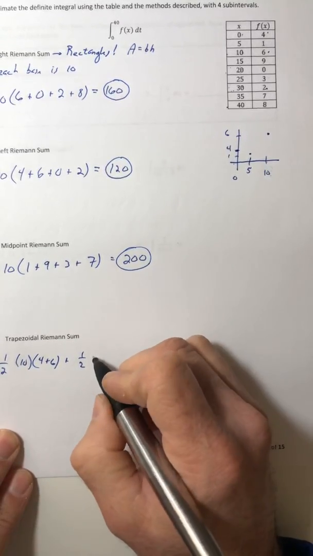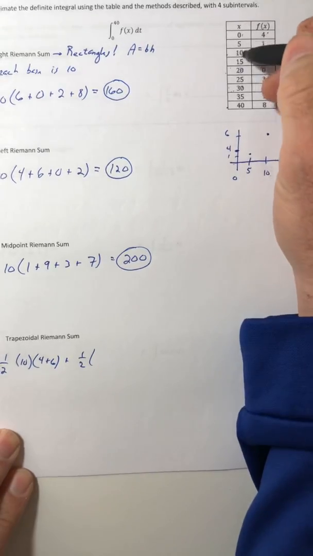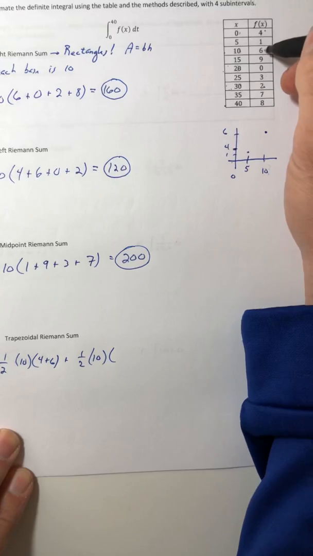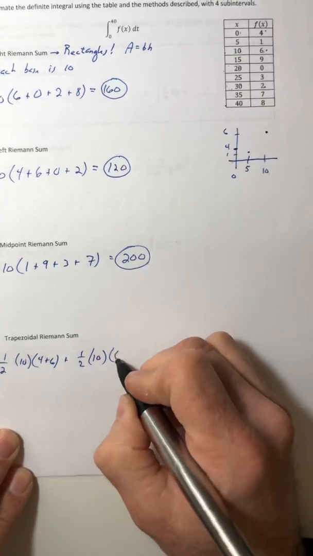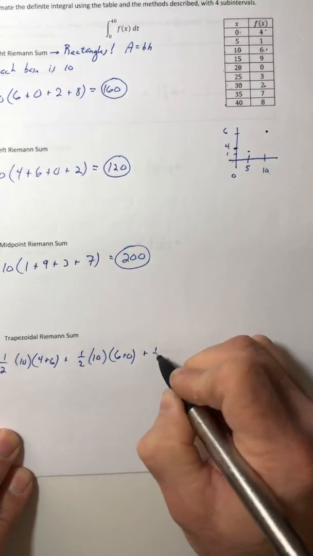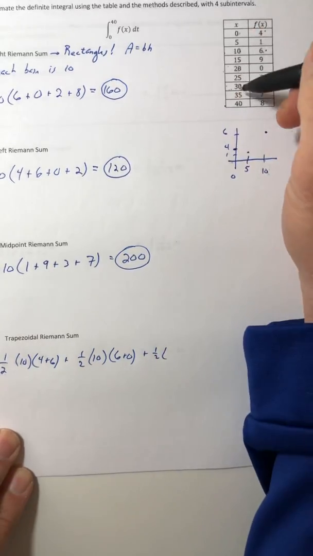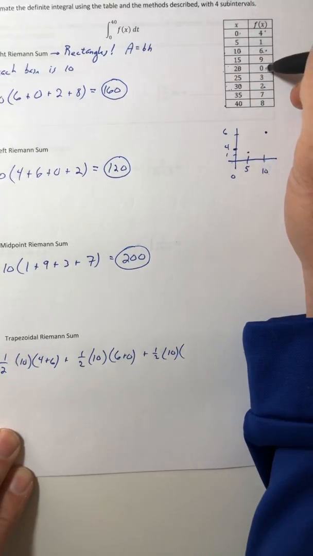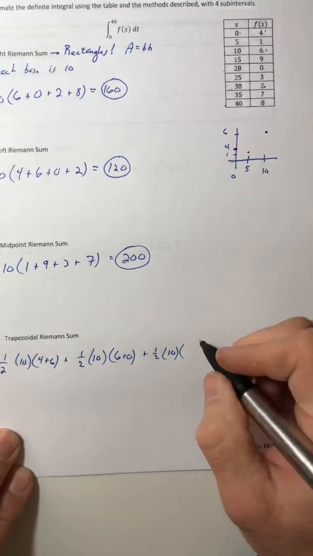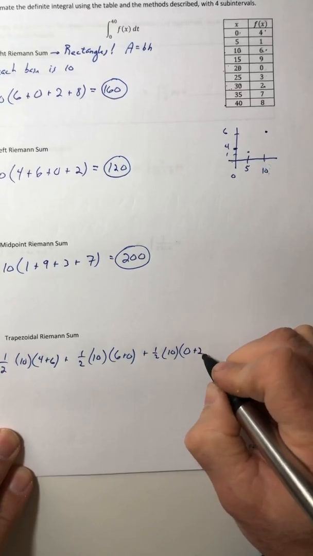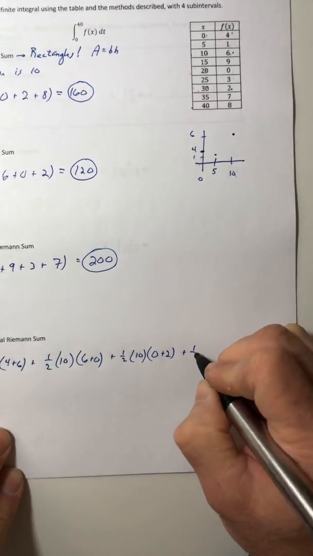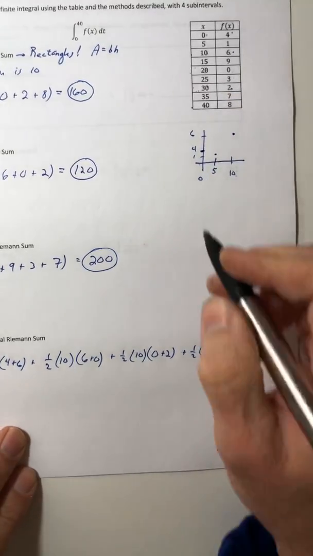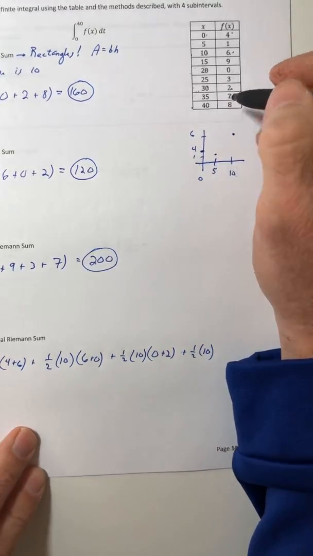Okay, trapezoid number 2. From 10 to 20, the height is 10, and you're adding up 6 and 0. 20 to 30, the height is 10 again, and then the bases would be 0 and 2. 30 to 40, the height is 10 one more time, and then the bases would be 2 and 8.